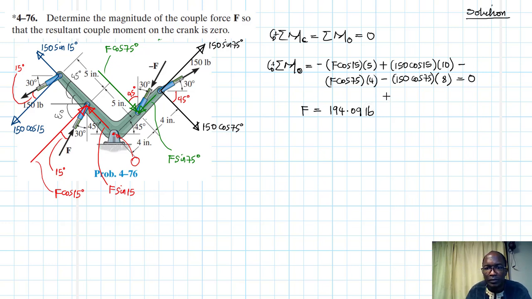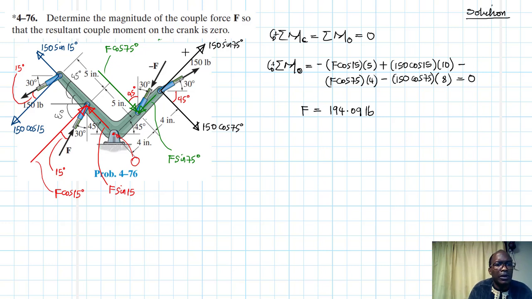So let's check once more. 150 cos 15 by 10 minus 150 cos 75 by 8, everything divided by minus 5 cos 15 and minus 4 cos 75, gives 194.09.